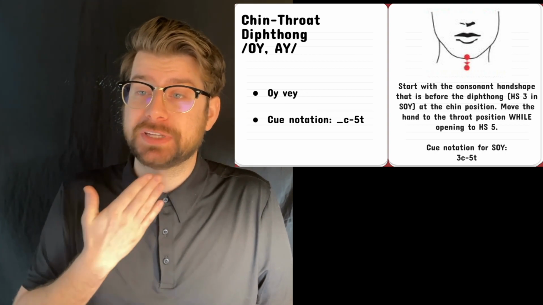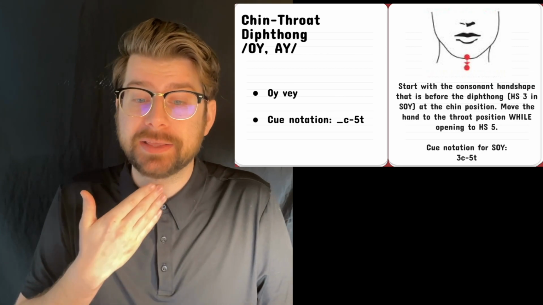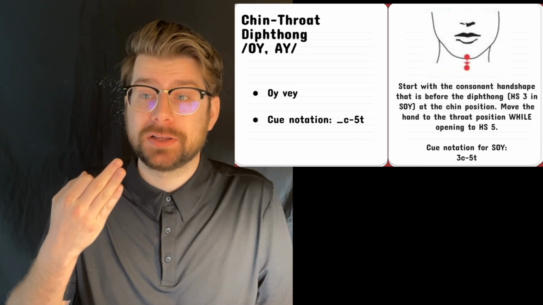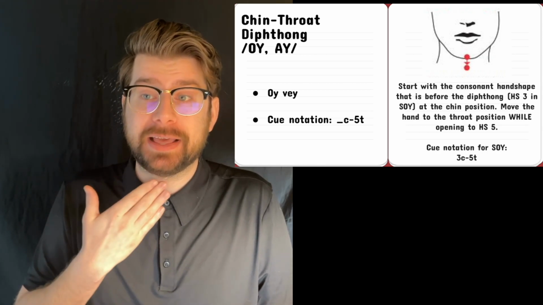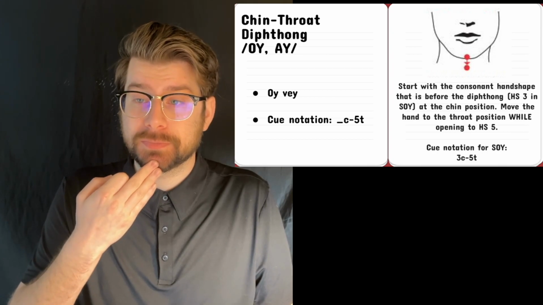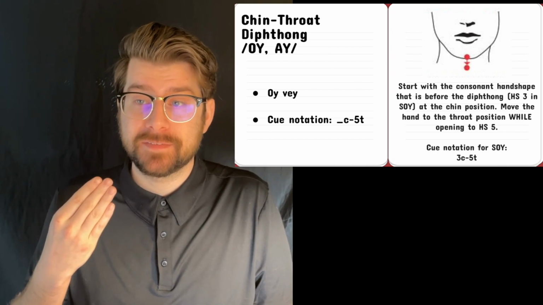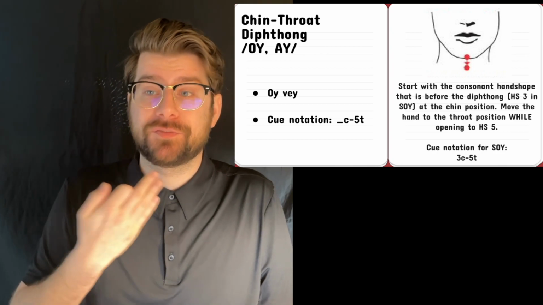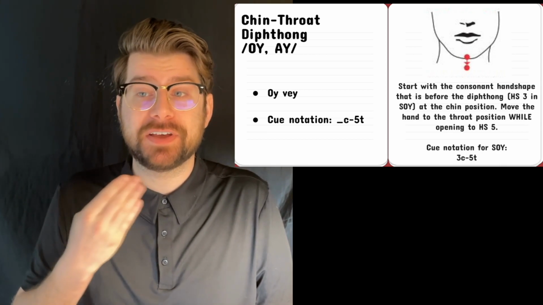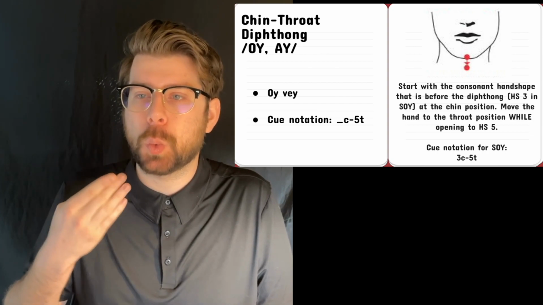So the Q notation for soy is 3C for hand shape 3 at the chin, hyphen, 5T for hand shape 5 at the throat. But we hyphen it because it's one sound.